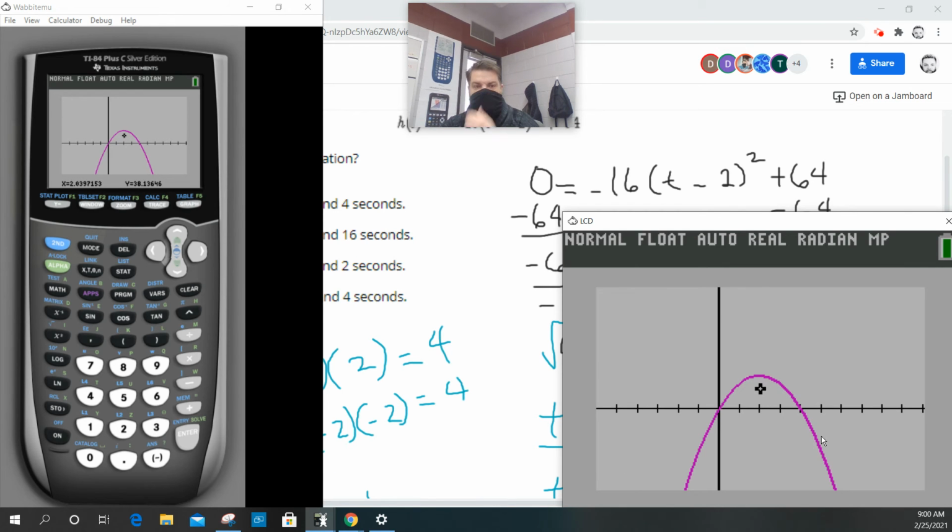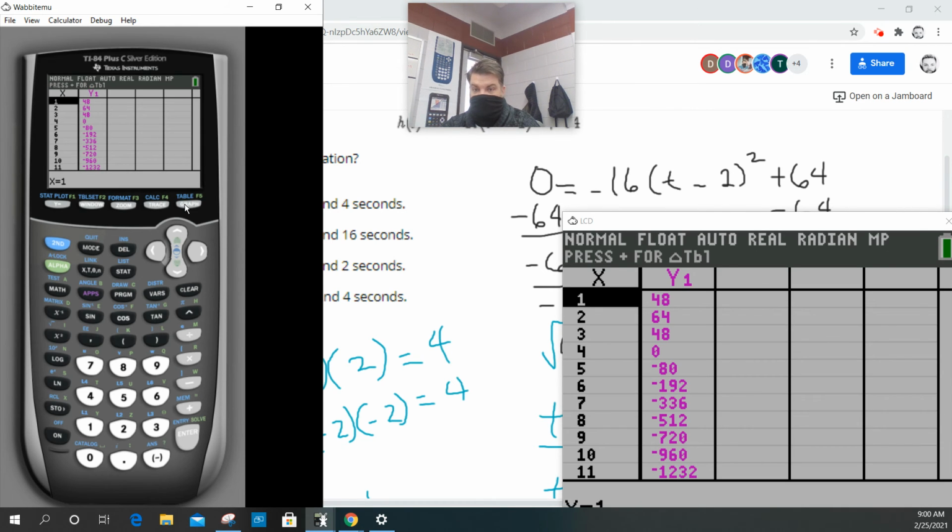When are the x-intercepts? Well, if I look at my graph, they're here and here. If I go to my table of values, everybody turn on your calculators and hit second graph. If you go up to 0, when x equals 0, what does y equal? 0.